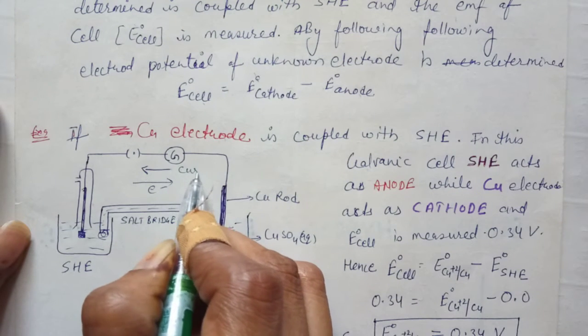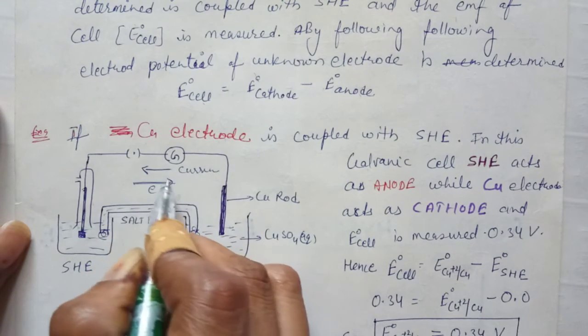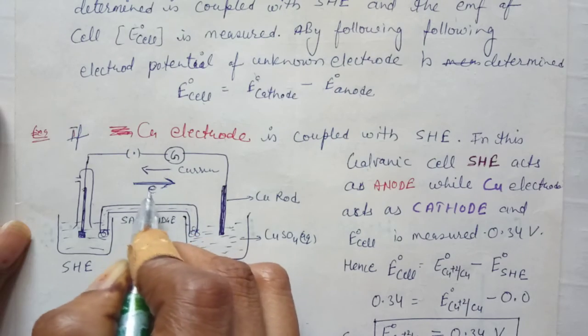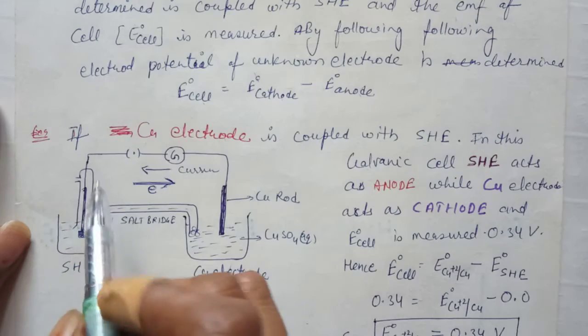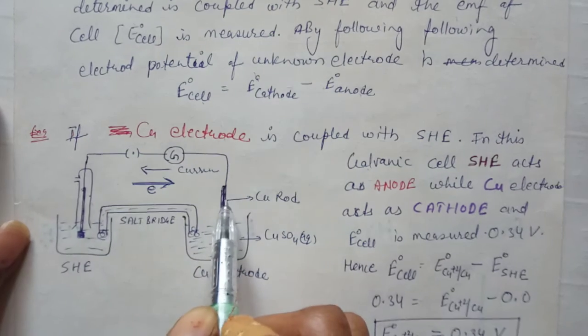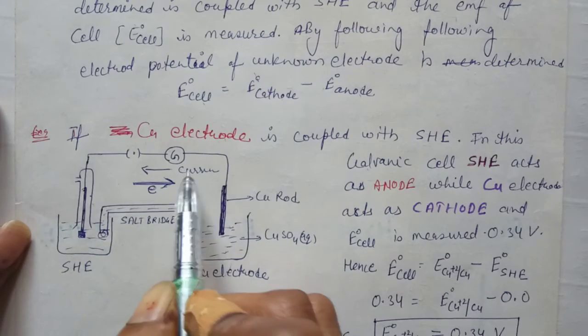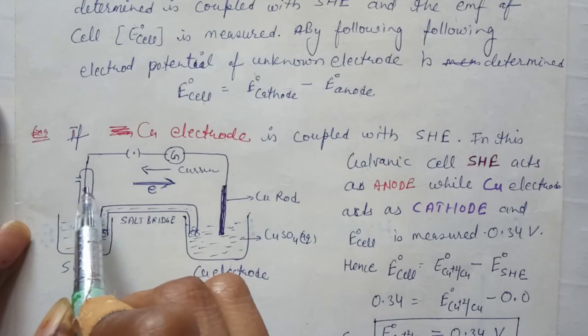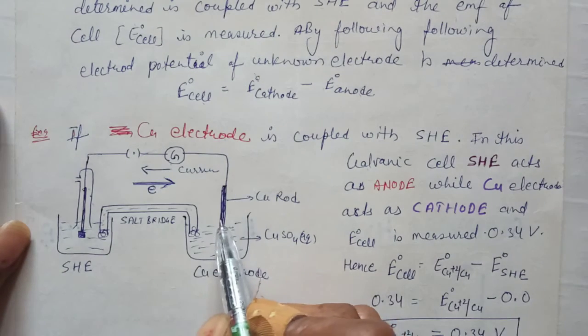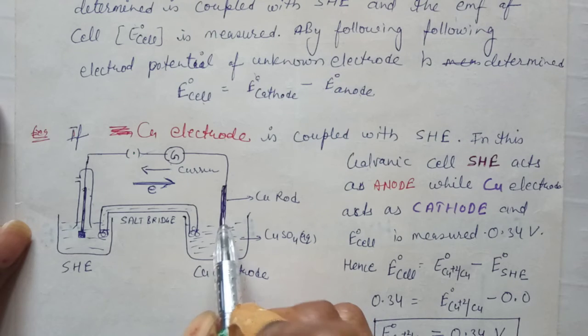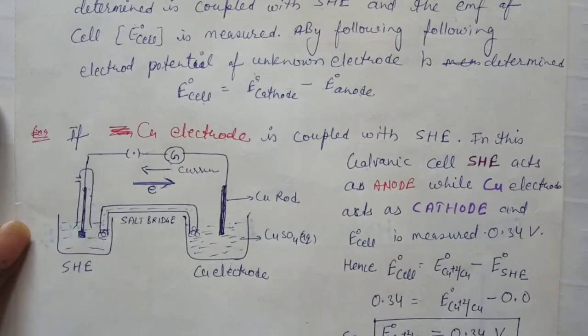This is current, and this direction is of electrons. Electrons flow always from anode to cathode, while current flows always from cathode to anode. This direction of current shows that the Cu electrode acts as cathode while SHE acts as anode.